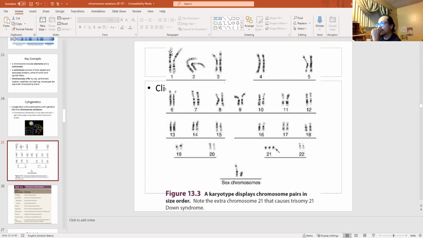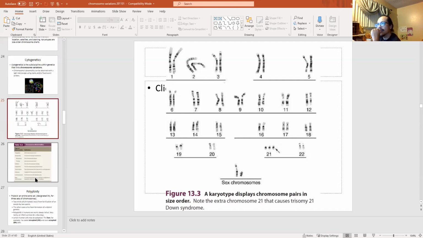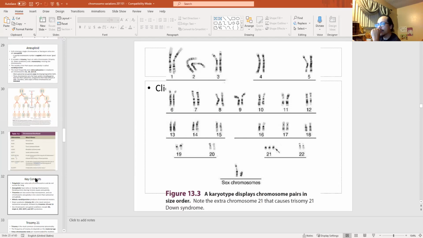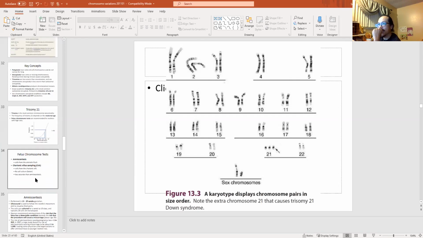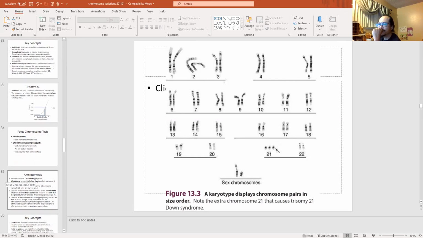But if this translocation happens between, say, 1 and 3, then you will have a non-homologous pair of autosomal chromosomes. And that could be an issue after the production of the gametes. We will look into that.